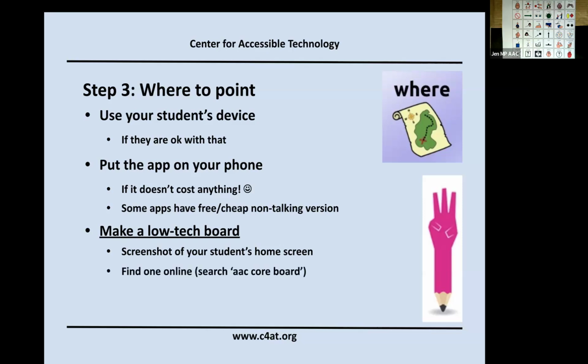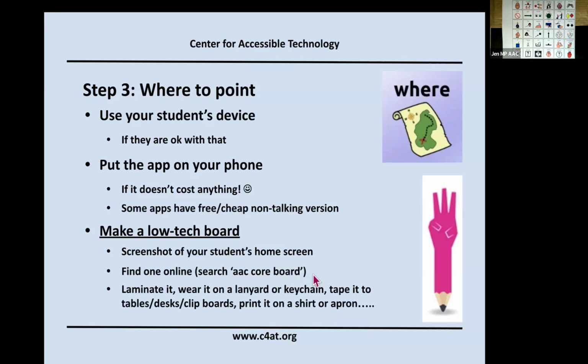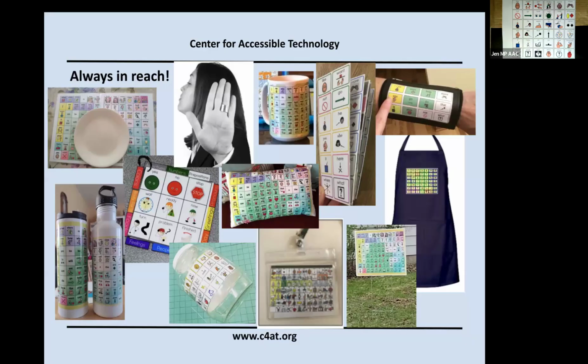Or you can find one online. Just search for AAC core board. You will find a lot. And then you can laminate it, wear it, tape it, print it. So here are a lot of ideas. The idea is that you always have it in reach.